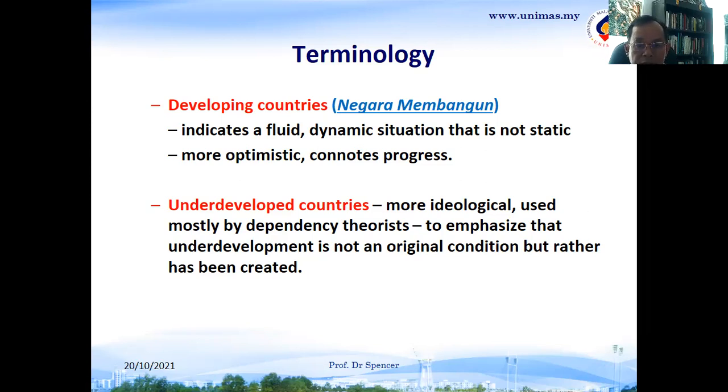Then the other term which is quite similar and often used also is the term underdeveloped countries. Now this is more ideological compared to the other one, and this is used mostly by dependency theorists, those people who come up with a theory regarding the dependency state of the developing countries, to emphasize that underdevelopment is not an original condition, but rather has been created.